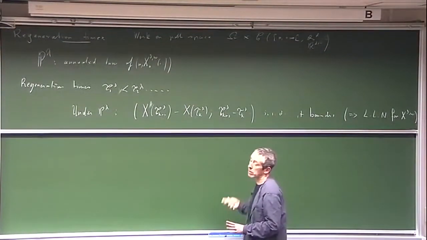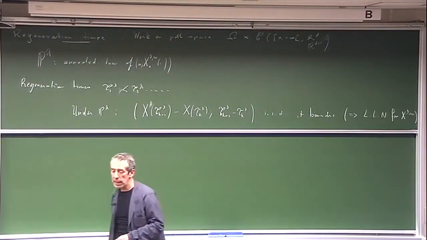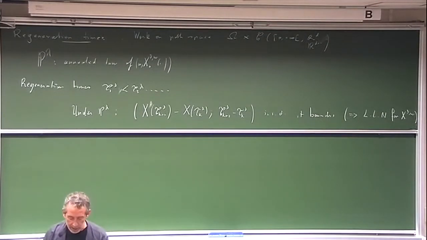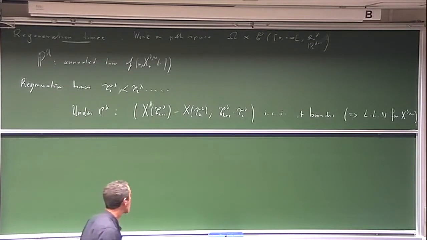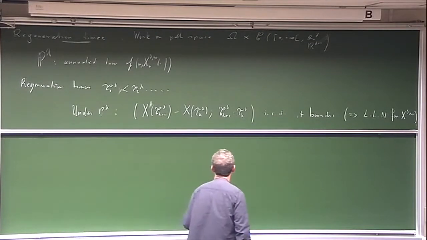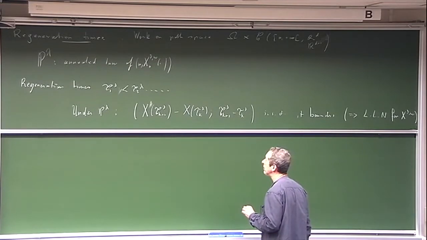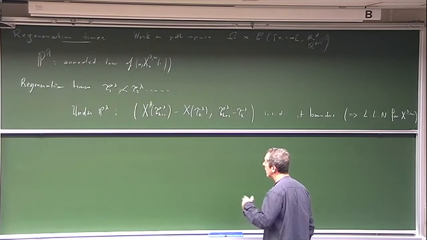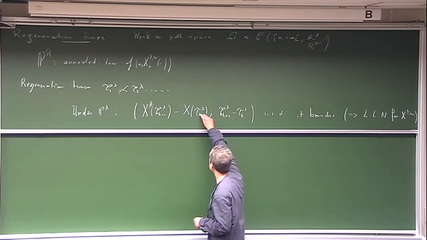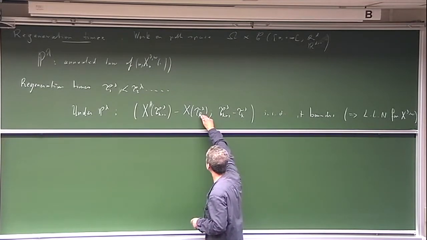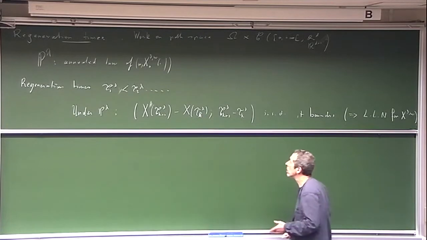So this is the strategy, and as I briefly recalled last time, this is a strategy which has a long history in the context of random walks in a random environment.